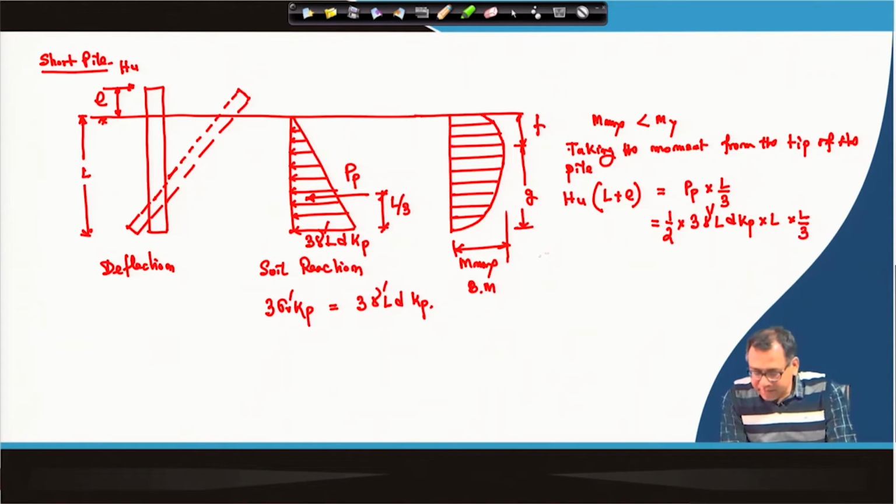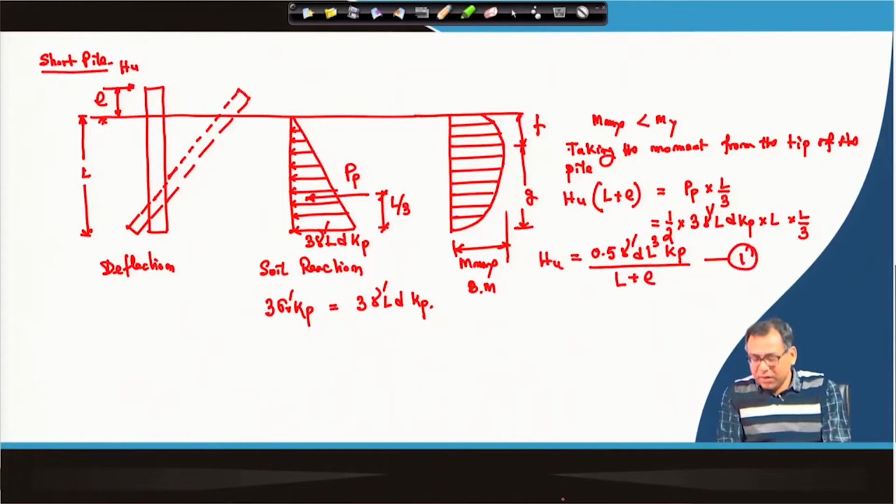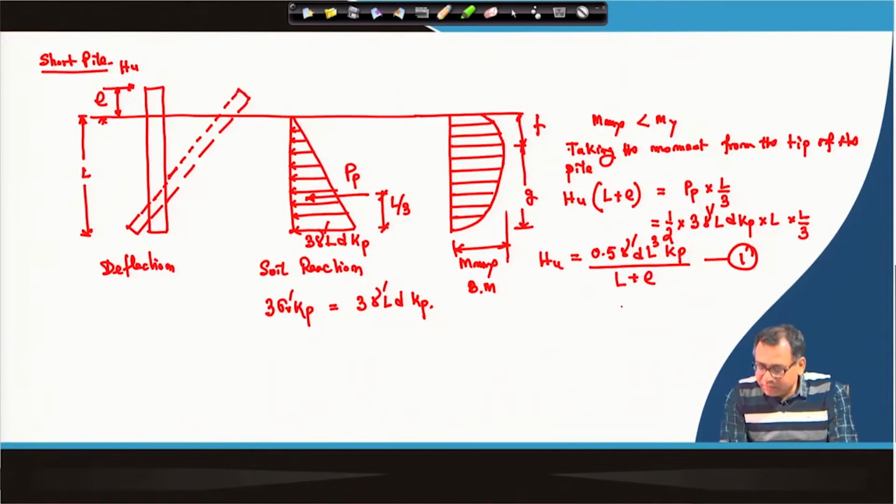So, finally, from here I can write H u is equal to, so this 3 will cancel out, 0.5 gamma dash d L cube K p divided by L plus E. So, this is equation number 1. What are the unknowns here? All values are known. So, here H u I can calculate by using this equation.